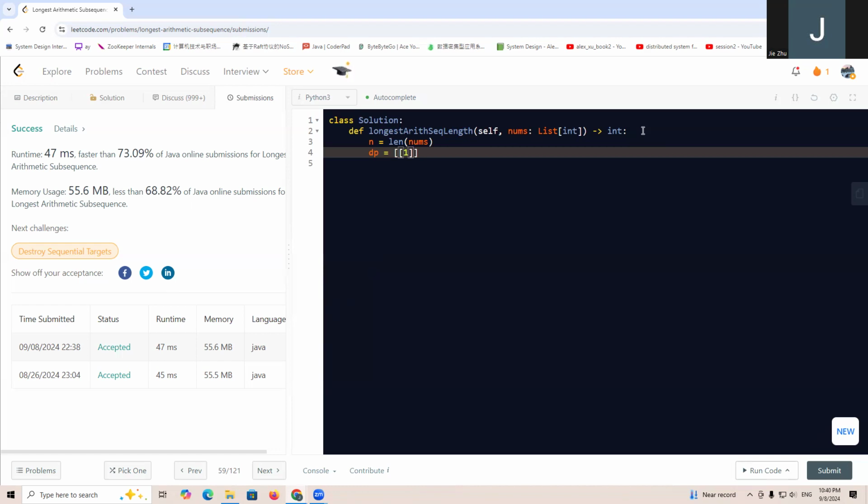We can initialize the value as 1 because every number itself, no matter what the common diff is, is a subsequence.